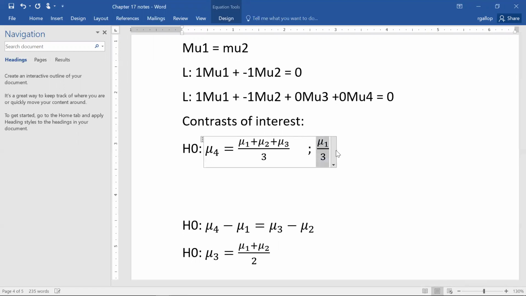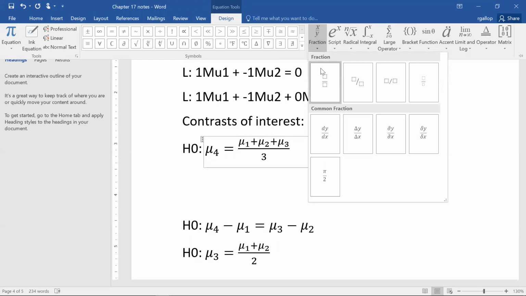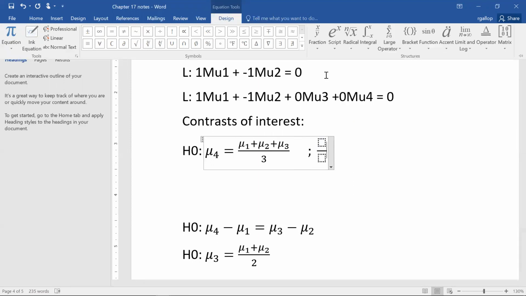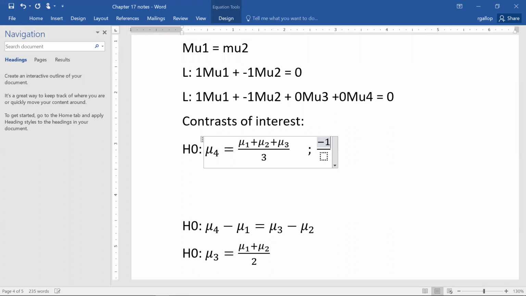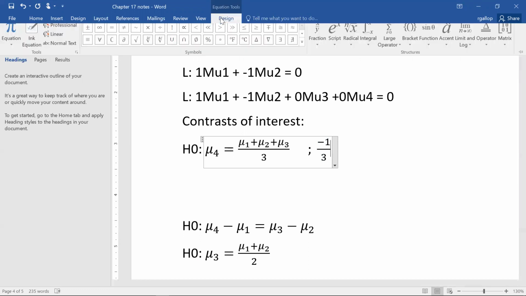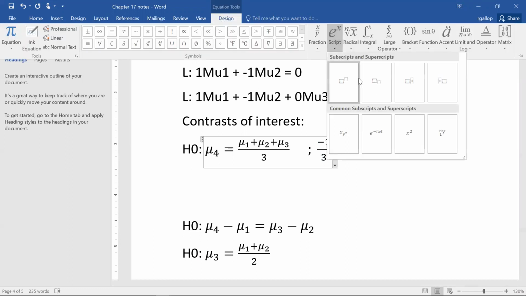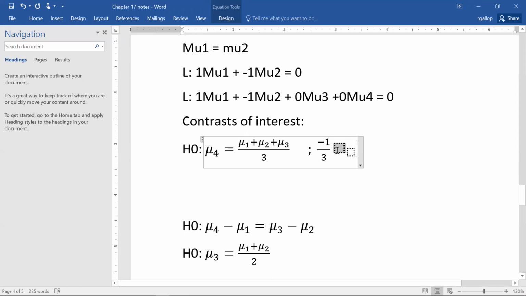Actually, I should change this real quick. So in fact, this one you guys can see is minus 1/3. Gotta wait for that thing to disappear.